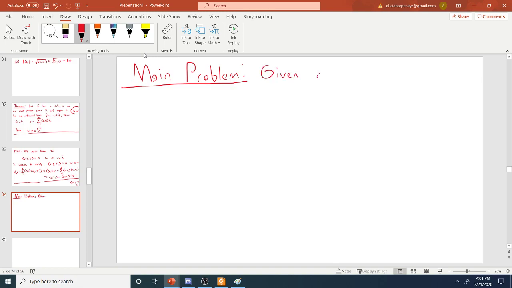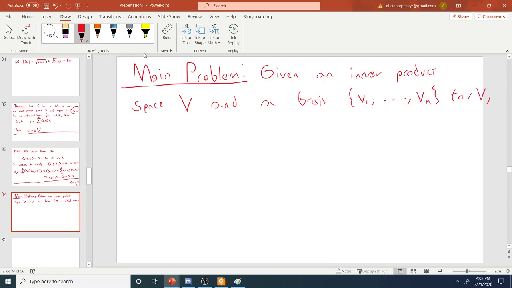Given an inner product space V, and a basis v1 through vn for V, how can we produce an orthonormal basis for V?